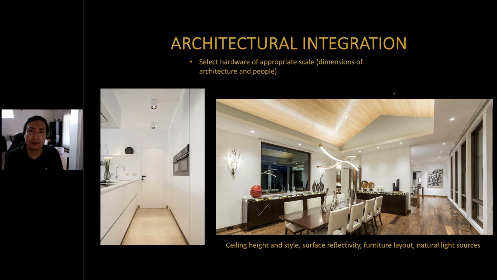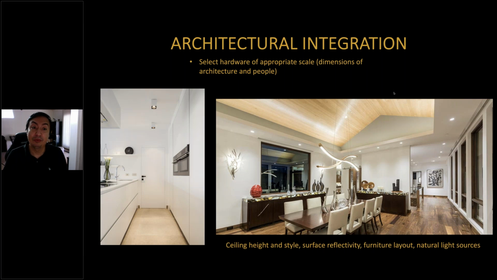Just a little bit more about reflectivity and how light interacts with reflective surfaces. As you can see in this particular example, the ceiling doesn't really have any downlights on it. It has indirect lighting, linear lighting around the perimeter. And so this is a very reflective surface, and it does the job in terms of illuminating everything that's on the bottom there below it.